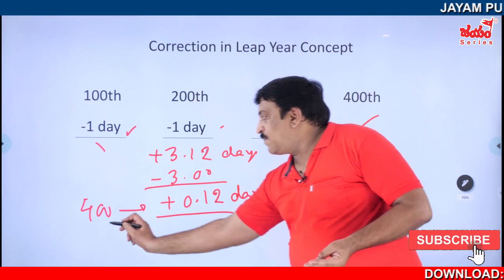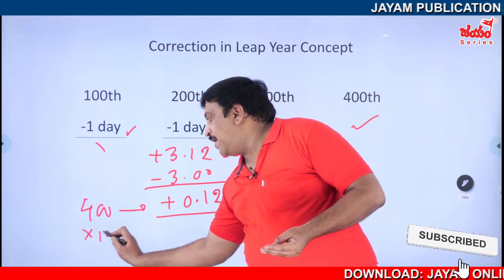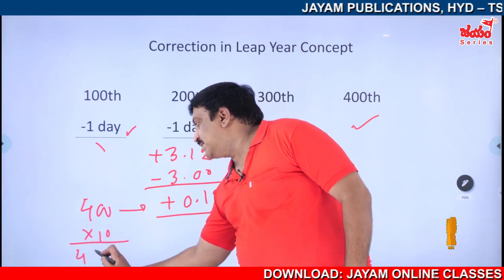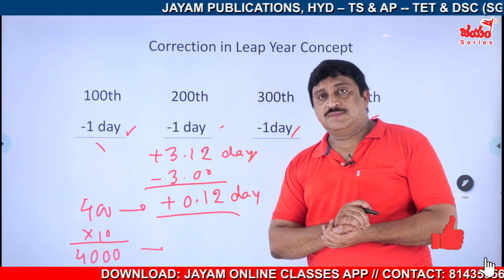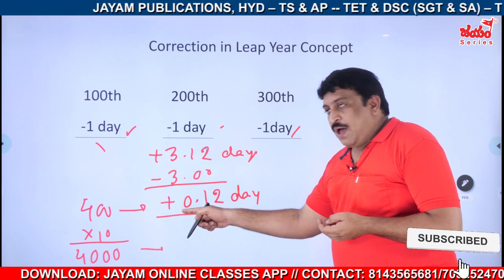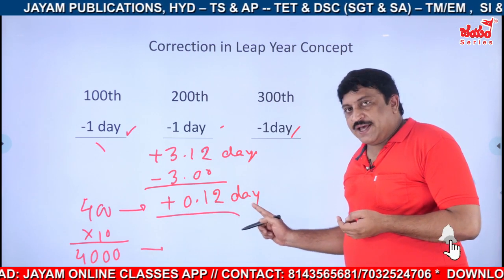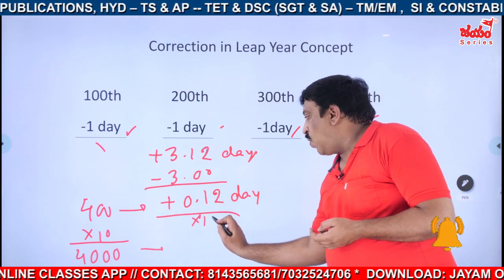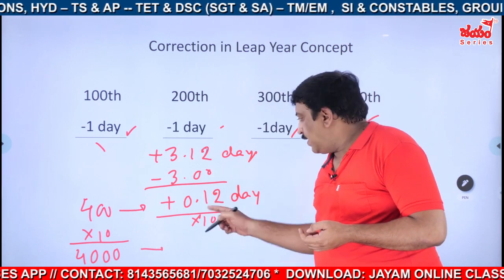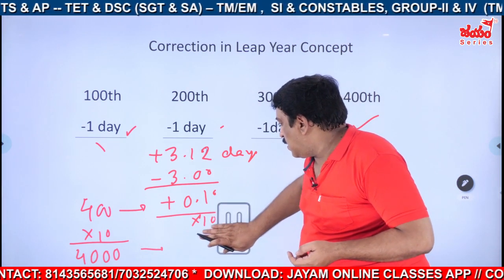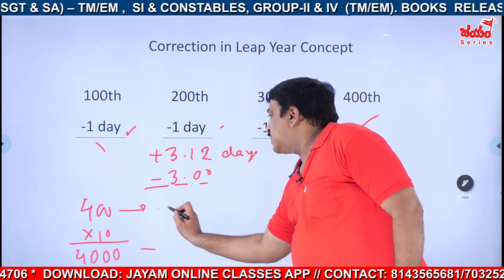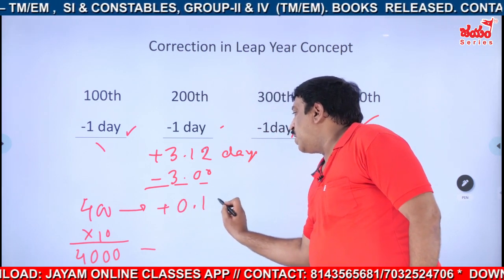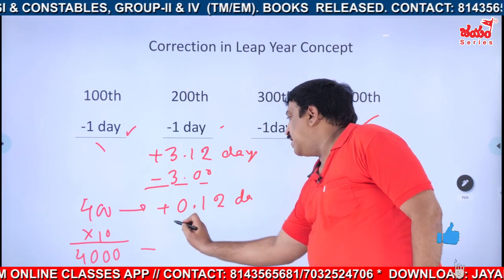Now, if I multiply this again with 10, that means 4,000 years, plus 0.12 day is there. So it is also multiplied with 10. What do you mean by that again? It becomes plus 0.12 day multiplied with 10.